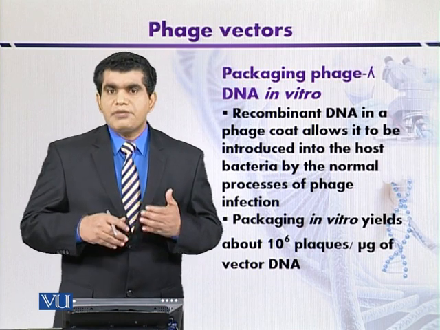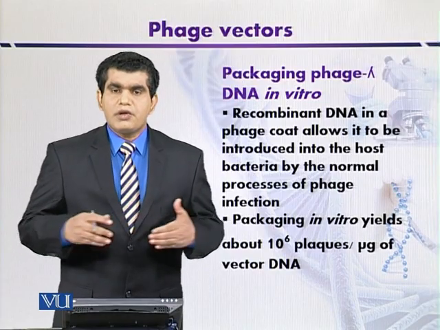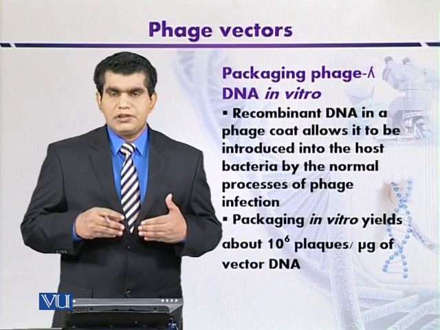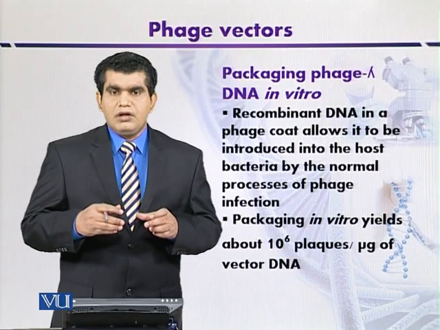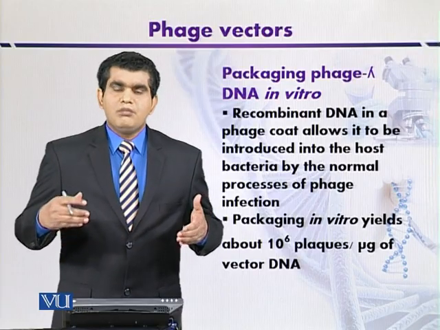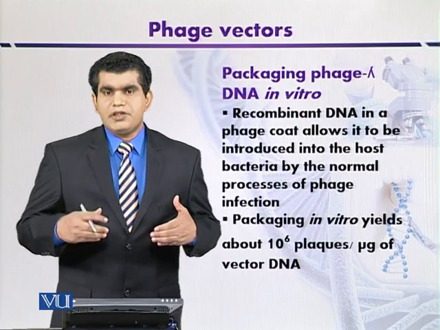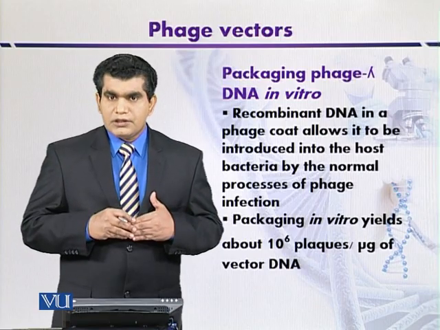Similarly, another reason for low frequency of plaque formation when we use modified lambda phages is that the DNA fragments produced are very large, their size may be more than 54,000 base pairs, that cannot be packaged into the phage head.